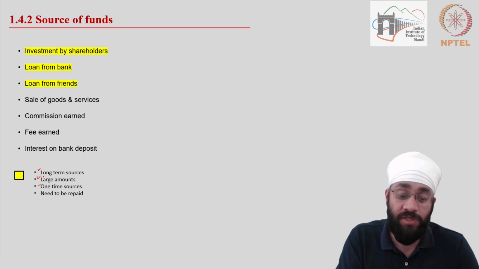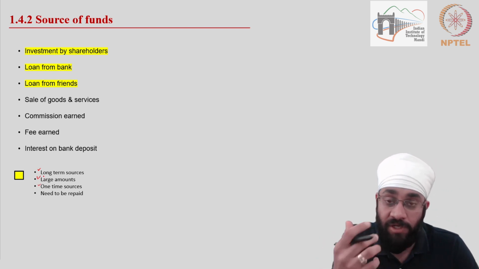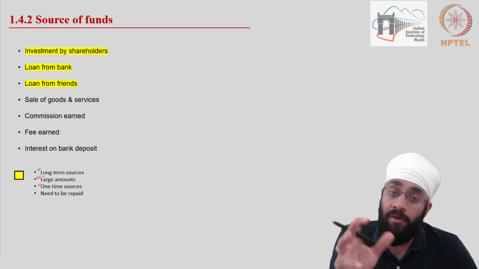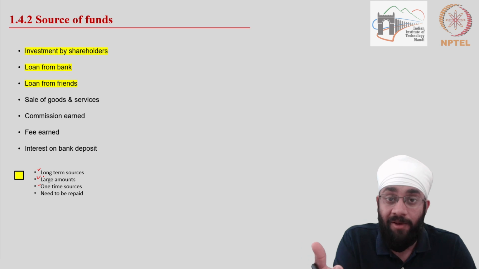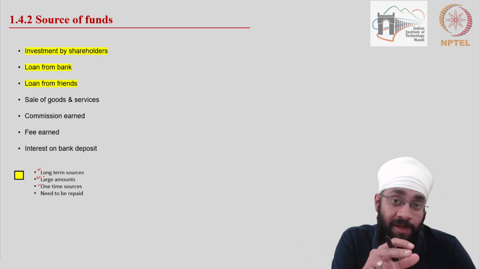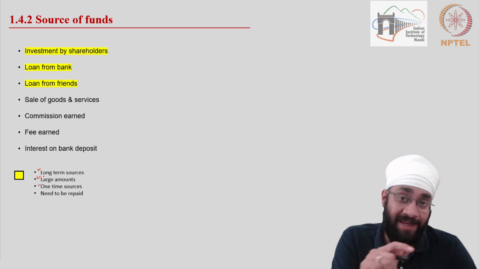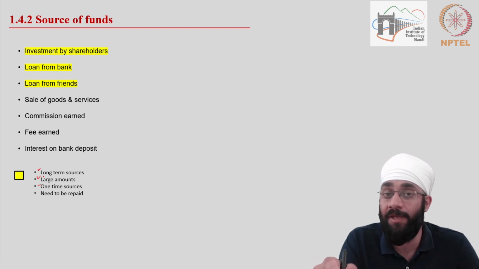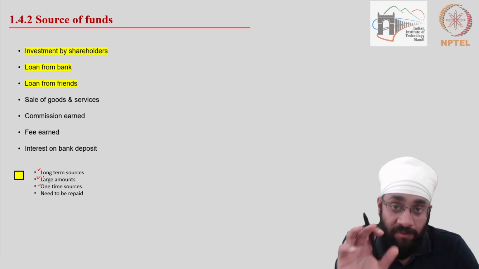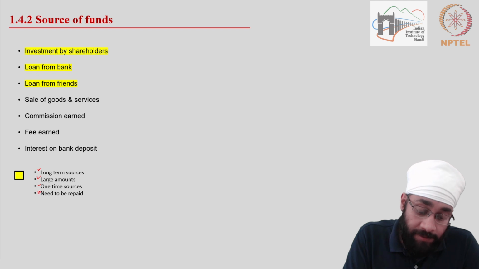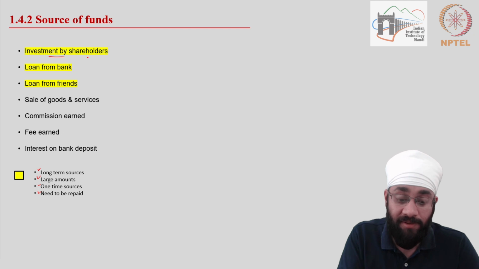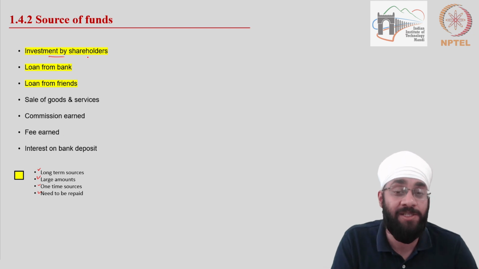Then these sources, loans and investment by shareholders, are kind of one time. Now you would argue that you can take multiple bank loans. You can, but these are once in a while, if not one time. Typically these are either once in the lifetime of the company or once in a few years, but not many times in a given year. Then you need to repay the loans. You need to return the investment by shareholders as well.